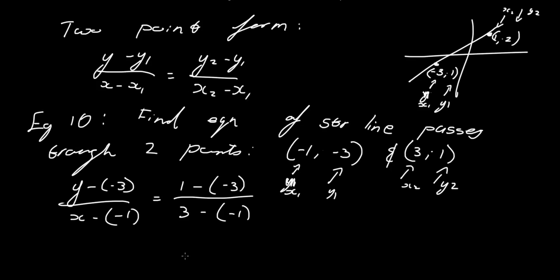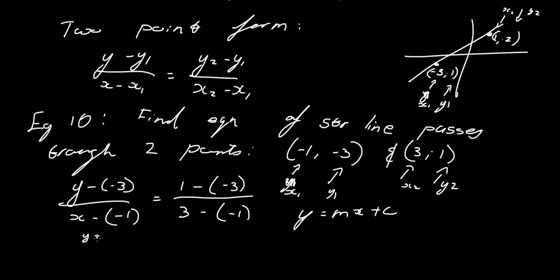Okay, so now we can simplify this and write it in the gradient form. So y equals mx plus c. Okay, so let's start simplifying. I'm going to try to write nice and small and fit it on the page.